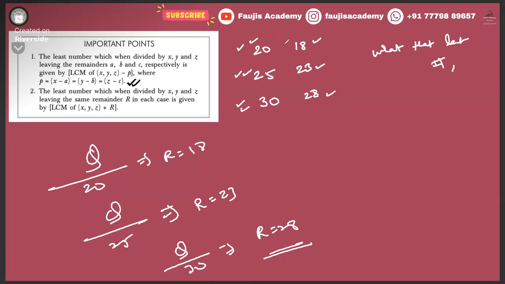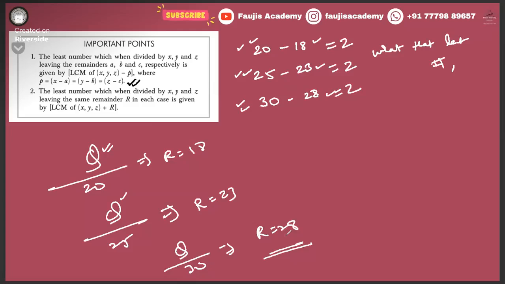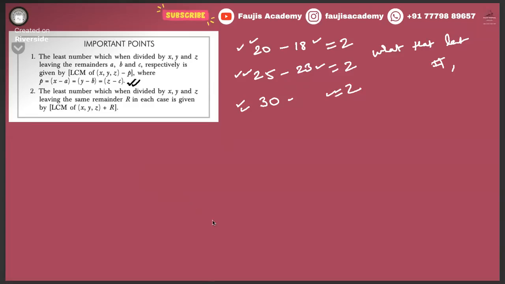Over here, the difference between the divisor and the remainder is the same in every case. To find the answer, we do nothing but take the LCM of the given numbers 20, 25, 30.